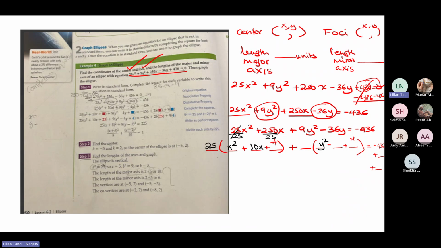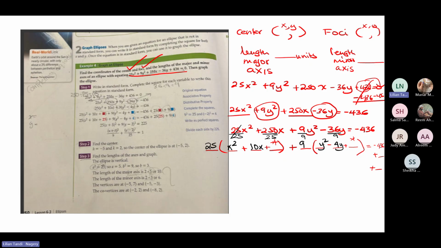Who did I remove? 9. So I should divide everybody by 9. What do I get here? 4. Say it correctly: -4y.